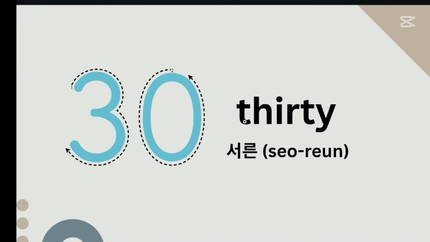How do we write 30 in a number word? It starts with the letter T, H, I, R, T, Y. 30. Same also with 31, 32, 33, 34, and so on and so on.